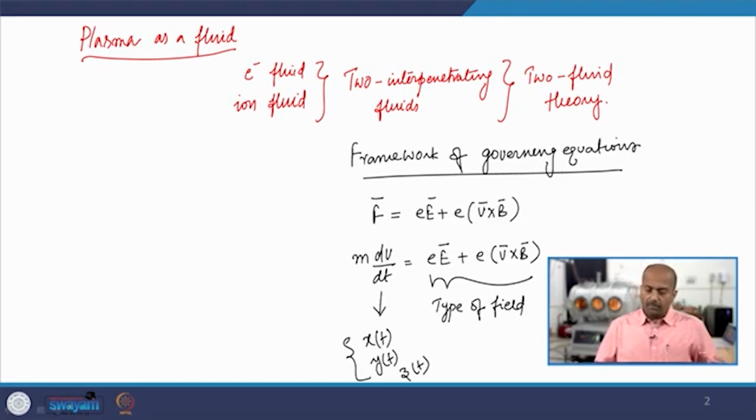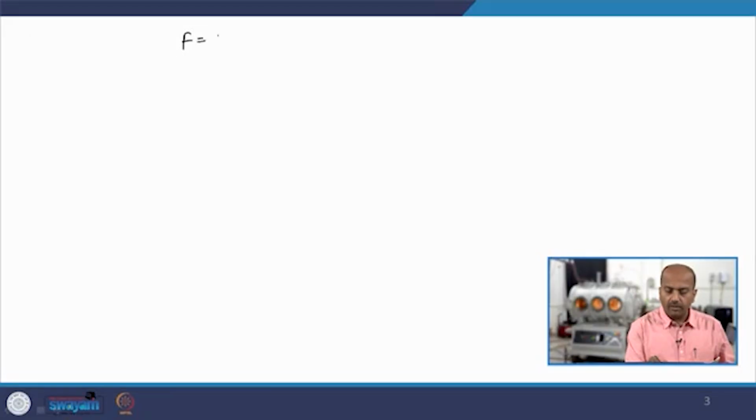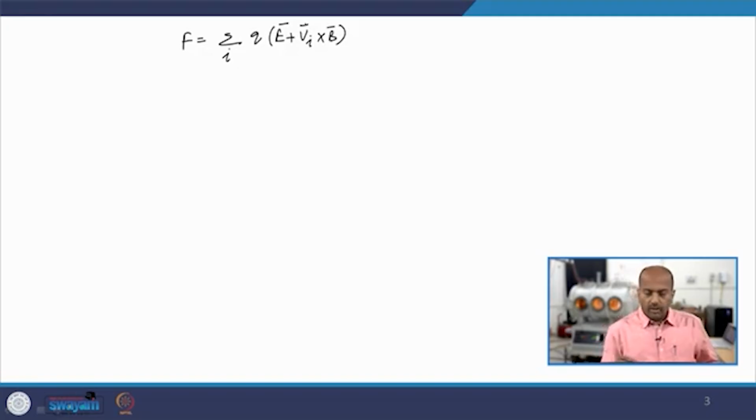Now, more importantly, plasma most of the times can be easily explained by considering it as a fluid, right. Now, how do we make the change? So, let us say we start from the basic equation. We will say F, if it is made up of n number of particles, F is summation over i of Q times (E plus Vi cross B), right, where we can use the mean velocity.